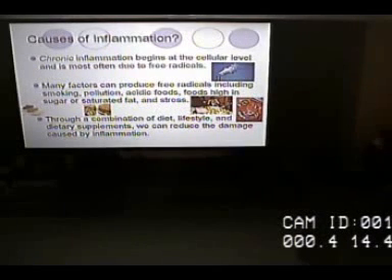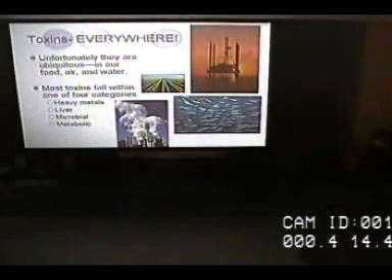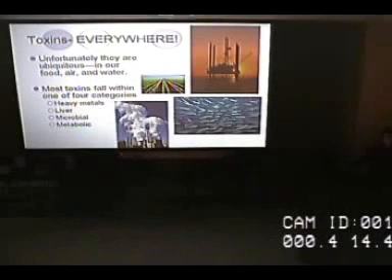So many factors can produce these free radicals. Like I said, there's the ultraviolet rays, smoking, pollution, acidic foods, foods high in sugar, saturated fats, and stress. So through a combination of diet, lifestyle, and supplements, we can reduce this, hopefully. So toxins, as we know, are ubiquitous, right?